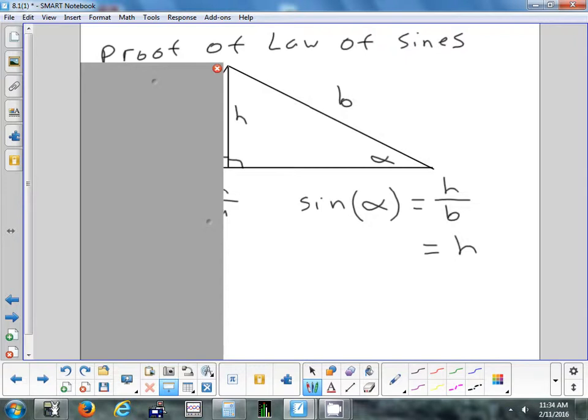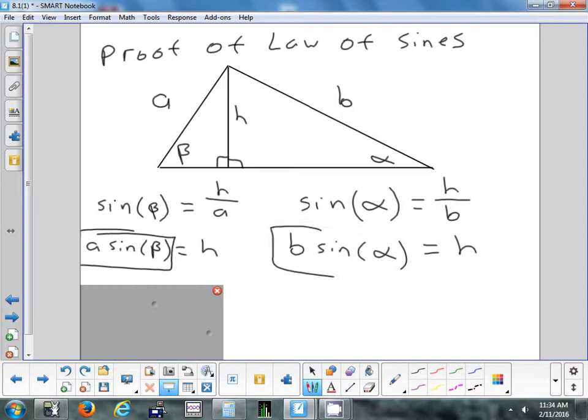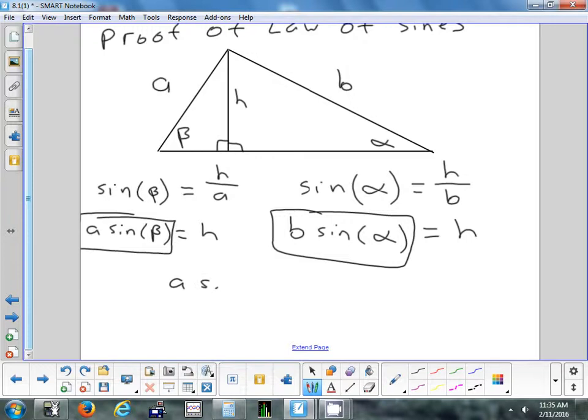H equals B sine alpha. So we have two different ways of calculating the same thing. H is equal to A sine beta. H is also equal to B sine alpha. There's one more fact I could write based on those two: they equal each other. What's in the first box and the second box equals each other because they're both equal to H. So A sine beta equals B sine alpha.